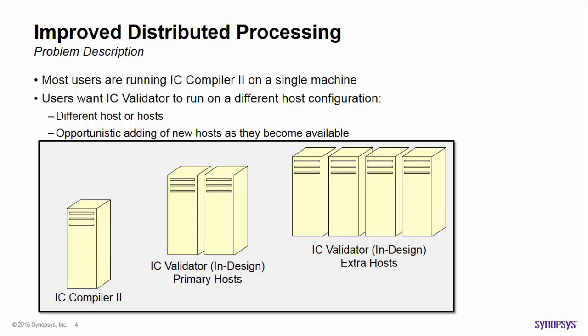Hence, to reduce runtime, the user can take advantage of multi-threading and distributed functionality that is built into IC Validator. This may include, but is not limited to, starting IC Validator on multiple hosts and opportunistically adding more hosts to the running IC Validator job.